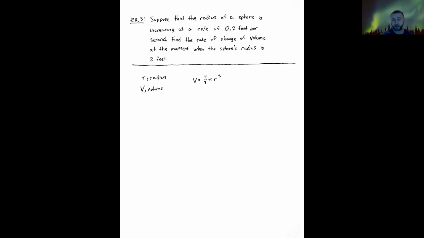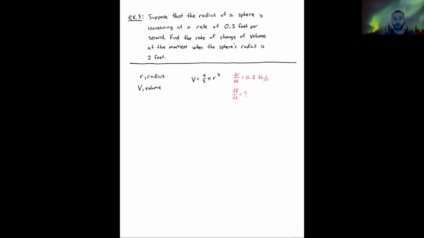Now for this question, the radius is changing in time, which then means the volume is changing in time. So our variables here, V and r, both depend on time. All right, we're going to differentiate implicitly with respect to t, keeping in mind for this problem, we're given dr over dt as 0.2 feet per second.